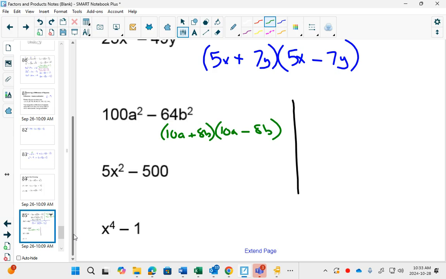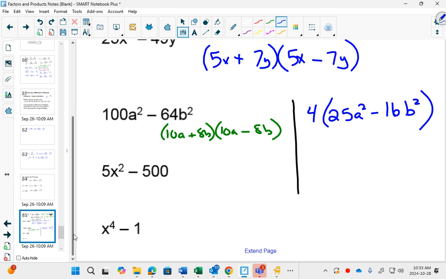Or, what's the biggest number that can divide both 64 and 100? A 4, leaving you with 25a squared minus 16b squared.